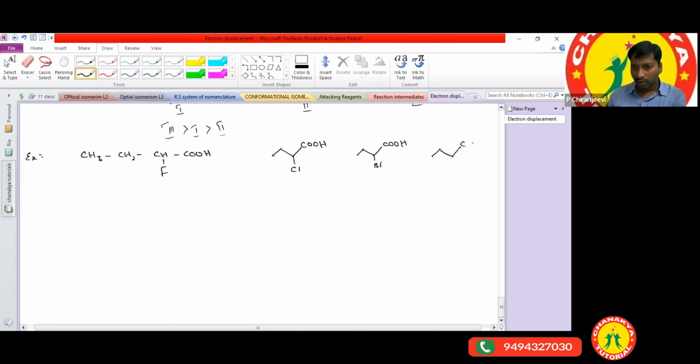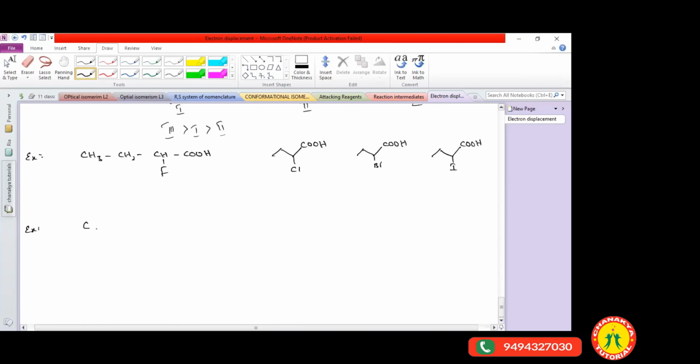Which one is more acidic, ma? The first one is the more acidic, after that chlorine, after that bromine, and the least acidic is iodine.